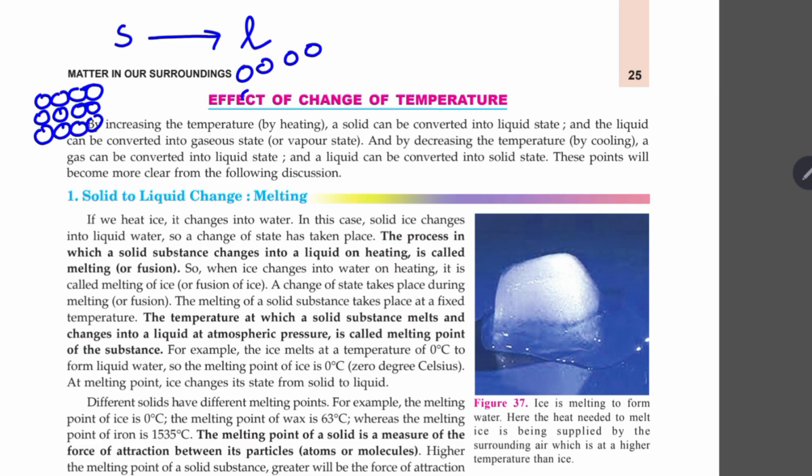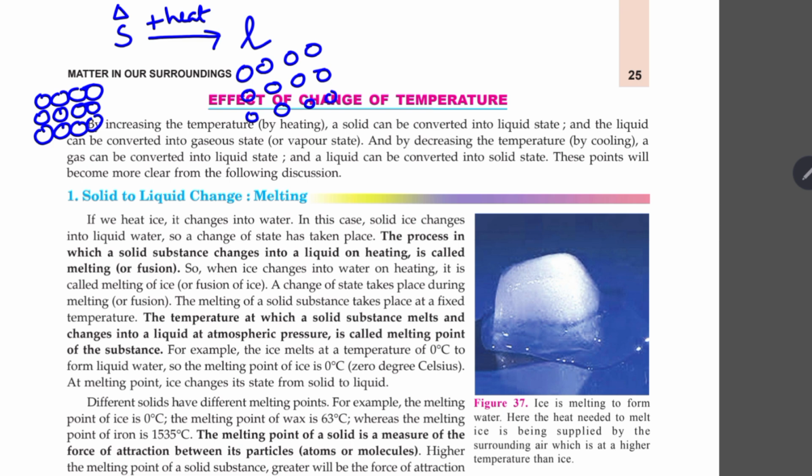So I want to increase the interparticle space and decrease the interparticle forces of attraction. This can be done by bringing the particles apart and by application of heat. This triangle sign stands for heat. So if I heat, then I can increase the interparticle distance.